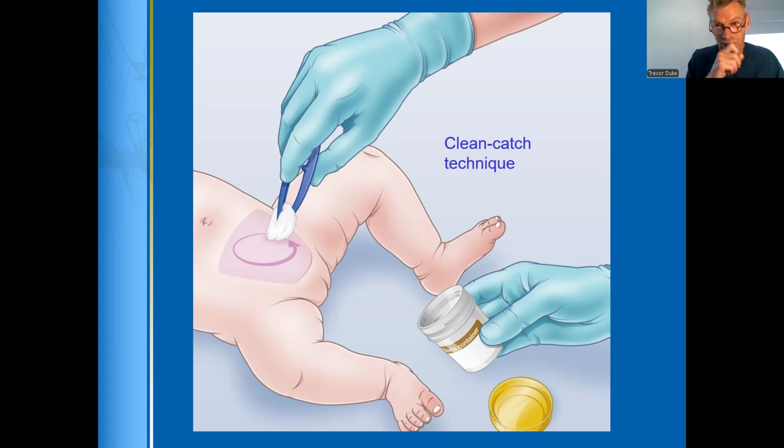Eventually they'll pass urine unless they're very dry, and then you can catch a specimen just as it comes out. I think that's a very good way. You've got probably about a 70% chance of getting a urine specimen from an infant by doing it this way.